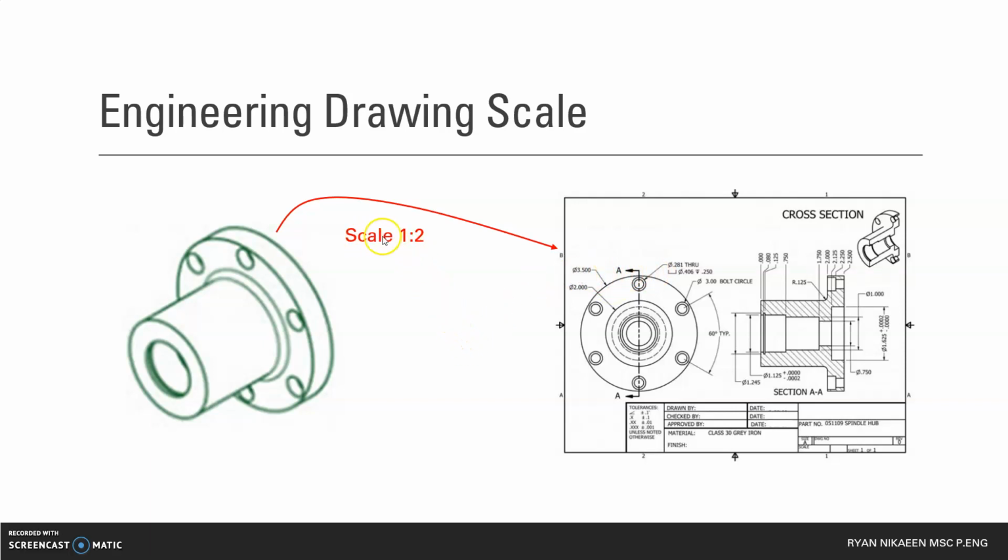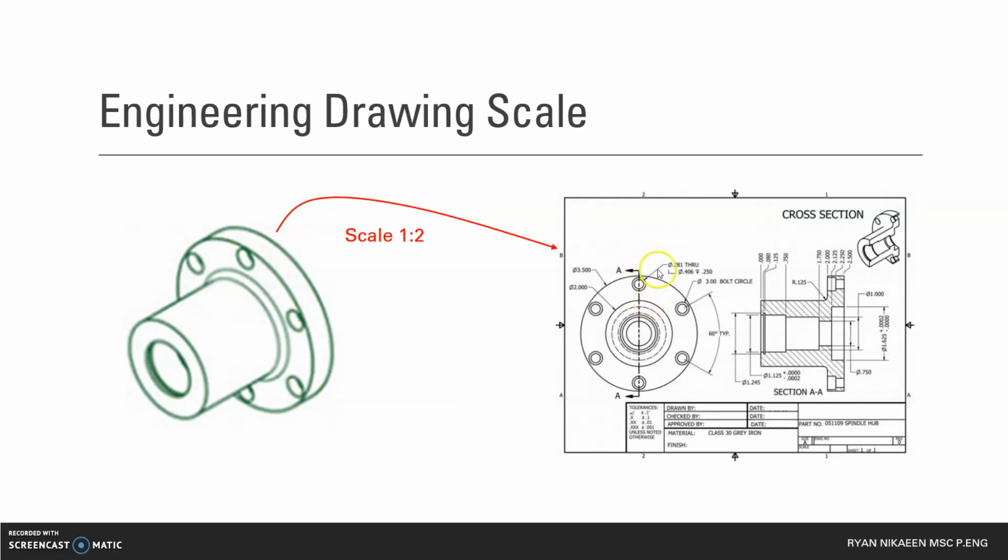So here we call it a scale, 1:2, and the scale factor that I used here is 1 divided by 2, which is 0.5. So basically, from the actual part to the drawing, I have to multiply everything by 0.5 to draw the drawing.